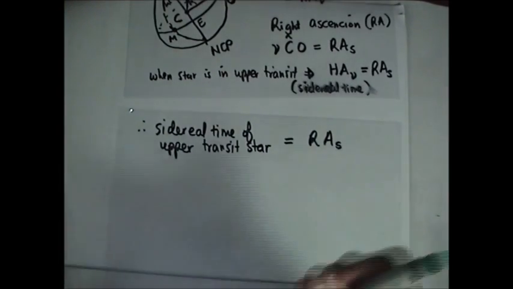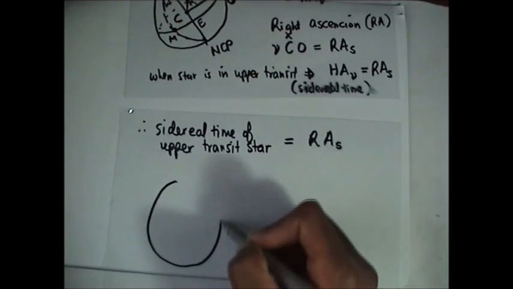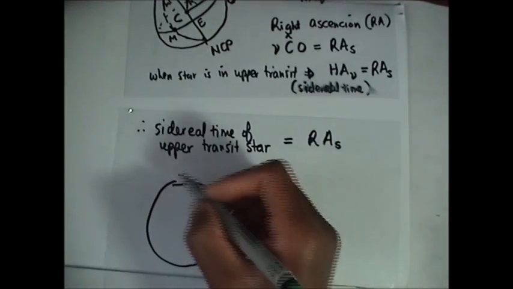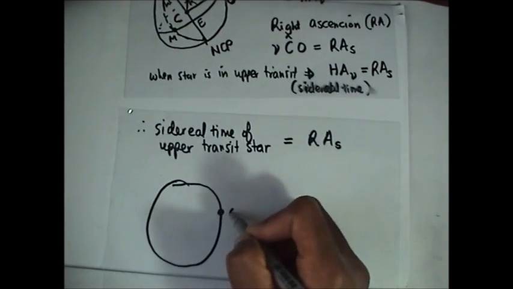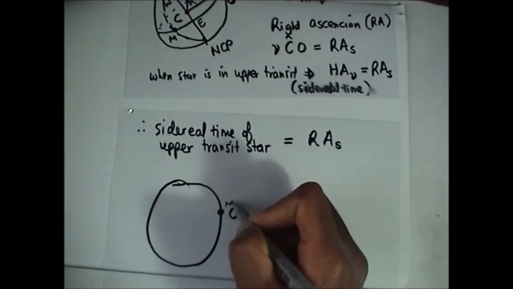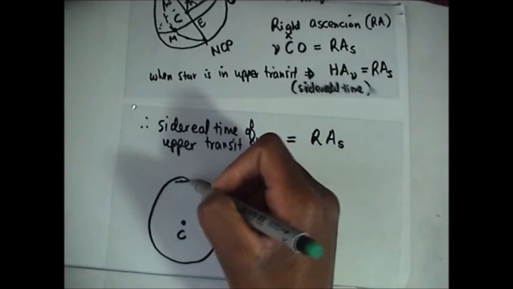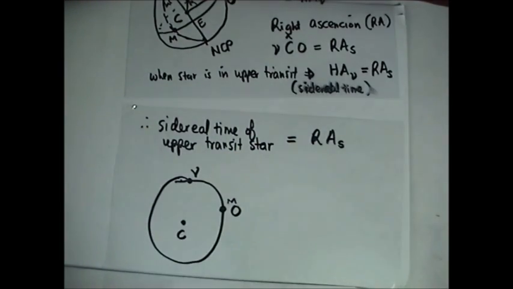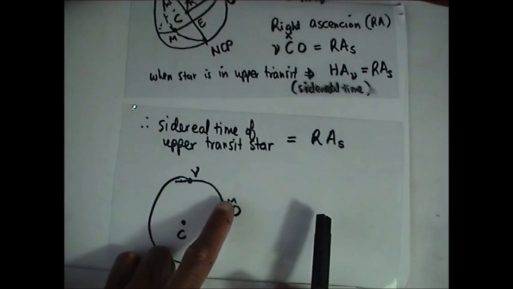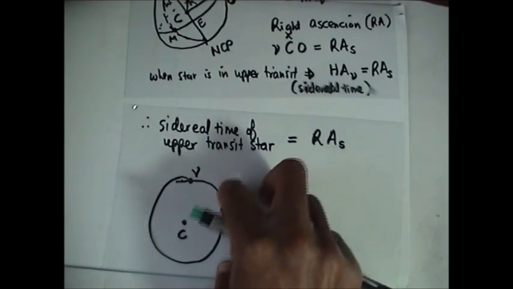Imagine that after an extra hour or 2 or whatever, let me draw it from the area of view. From an area of view, our original situation was O, and our M was here. That was the original situation, and our V was here. M was coinciding with O. But now look at this new development.